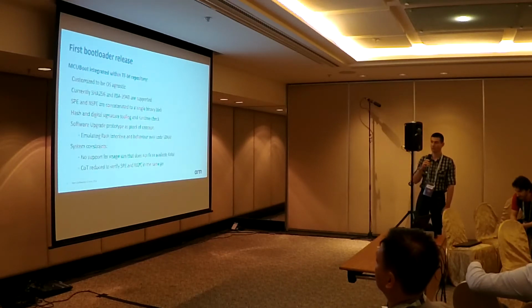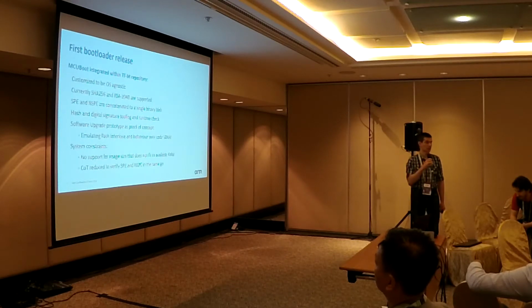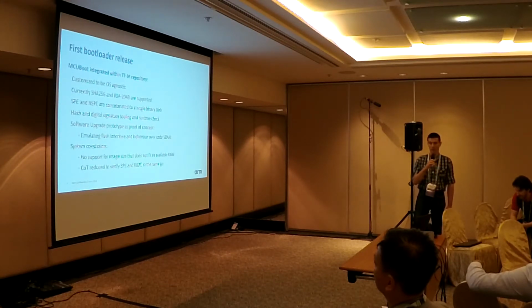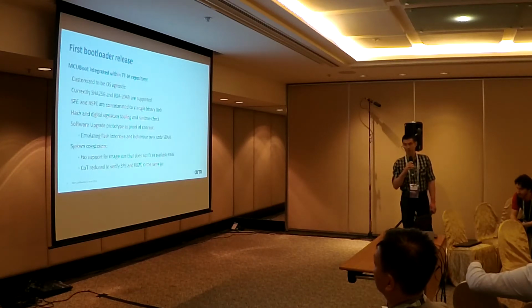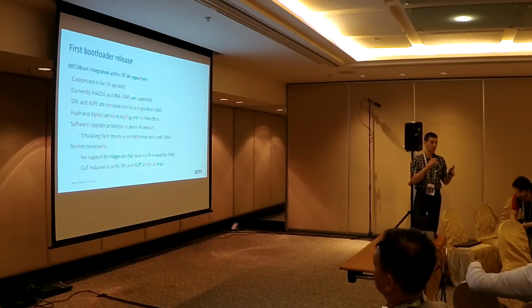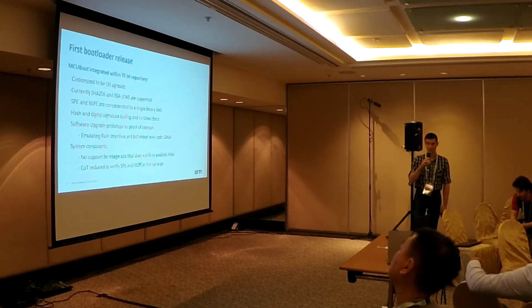In the current implementation in TFM, we are supporting RSA as an asymmetric algorithm. We combine the build process with the MCUBoot build. So in order that MCUBoot can authenticate software, it needs some preparation. It needs to put some header before the binary, and we need to concatenate some other fields at the end, but I will cover it later.